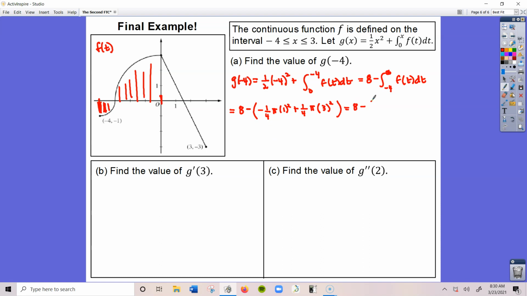We still have the 8 minus, now 1 squared is 1, so then -pi over 4, plus, then this is 9 pi over 4. We can combine these two because they both have the same denominator. So 8 minus 8 pi over 4, which is equal to 2 pi. So now we can just write our final answer, which is 8 minus 2 pi.